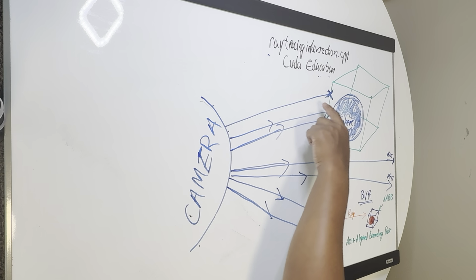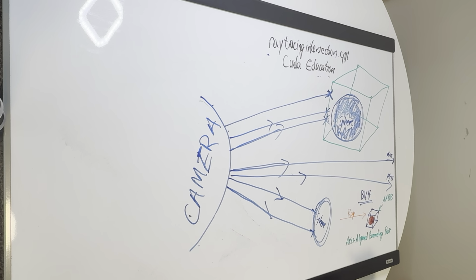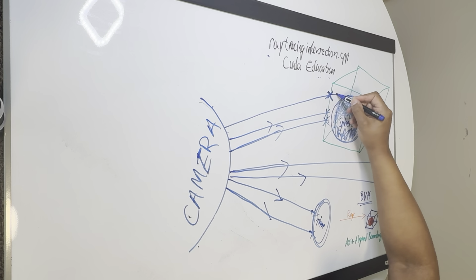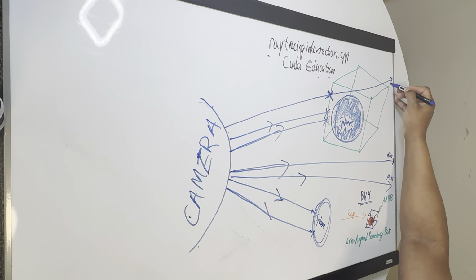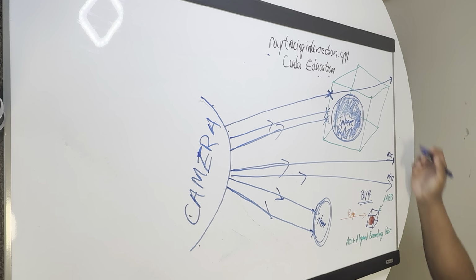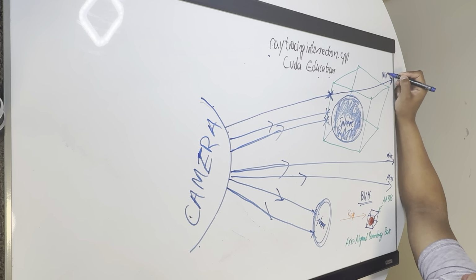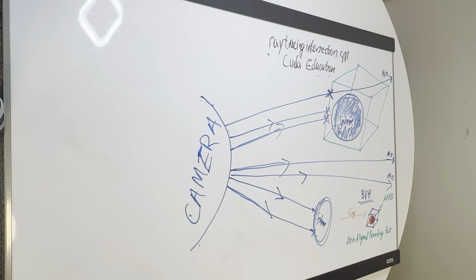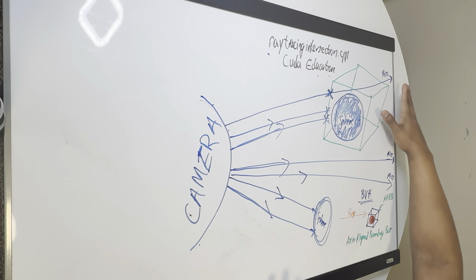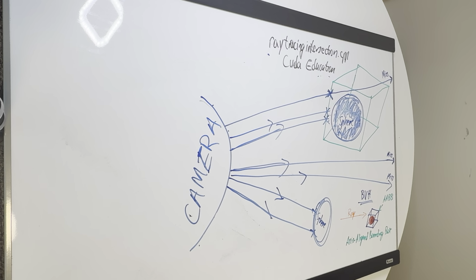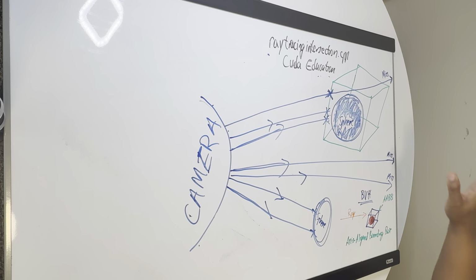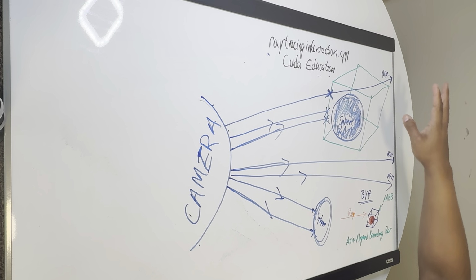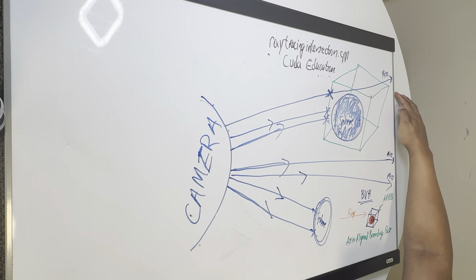So the ray traverses the scene, hits the axis aligned bounding box, but then continues on its way and is still rendered a miss. Okay? So there are rays that are in the vicinity of the sphere, but still miss the sphere. This is another complication we have to discuss.